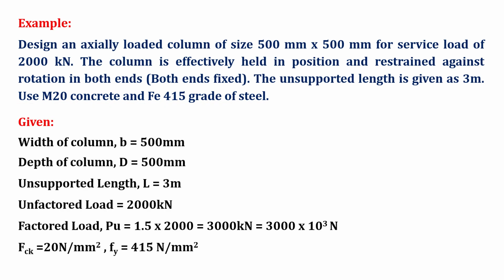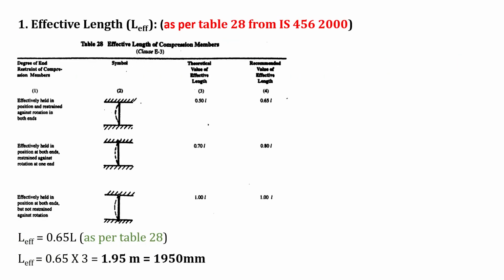To begin, let's take a look at the given parameters. The width of the column B is given as 500 mm, the depth D is also 500 mm, and the unsupported length L is 3 meters. The unfactored load is 2000 kN, and we will be using M20 concrete and Fe415 grade of steel. To calculate the effective length, we will refer to Table 28 from IS 456-2000.